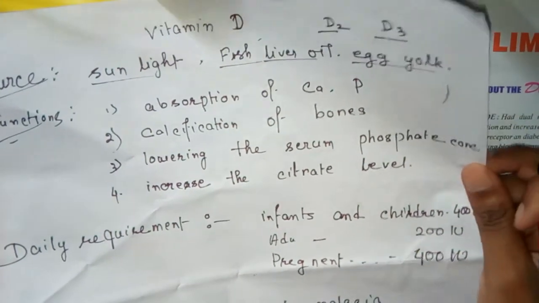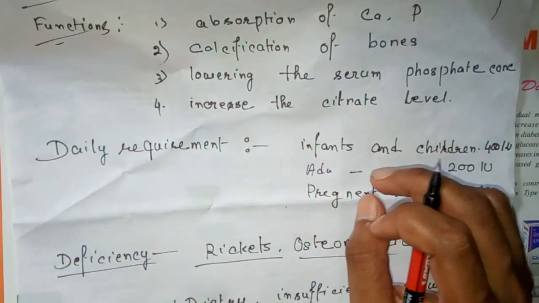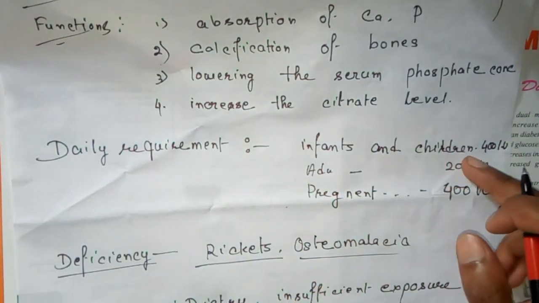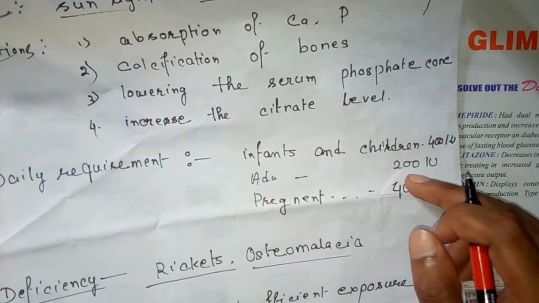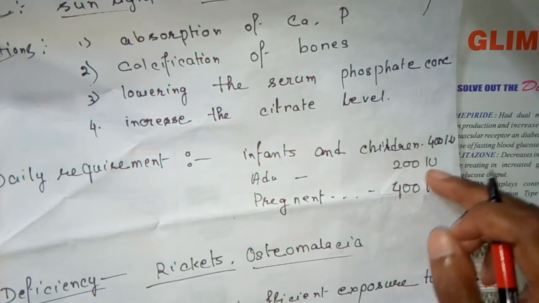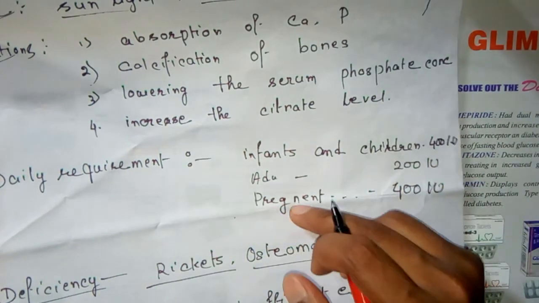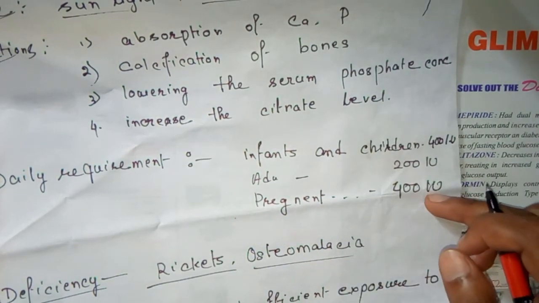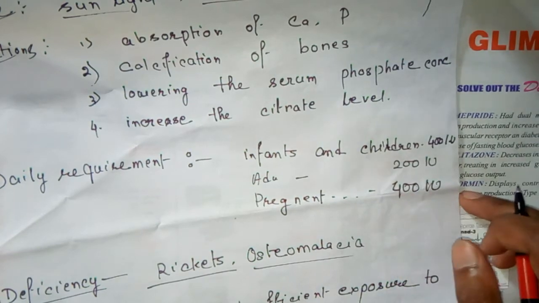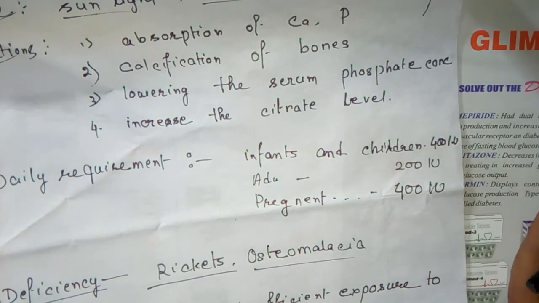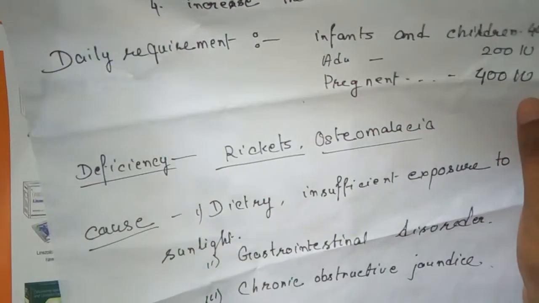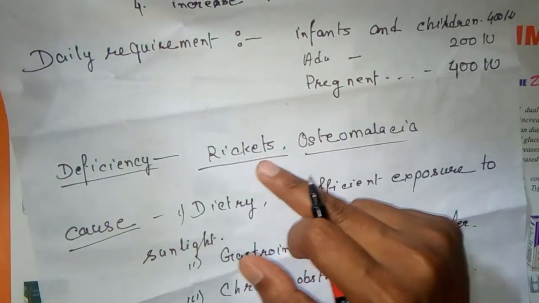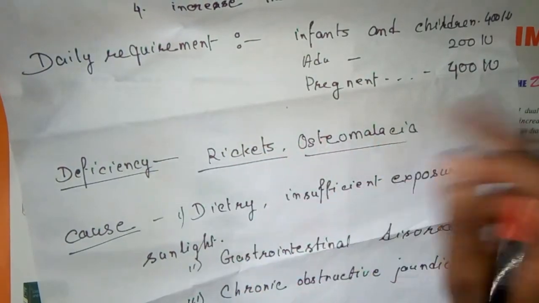The daily requirement in infants and children is 400 IU, in adults it's 200 IU or international units, and in pregnant and lactating women it's 400 IU. Now the deficiency of vitamin D is rickets and osteomalacia.